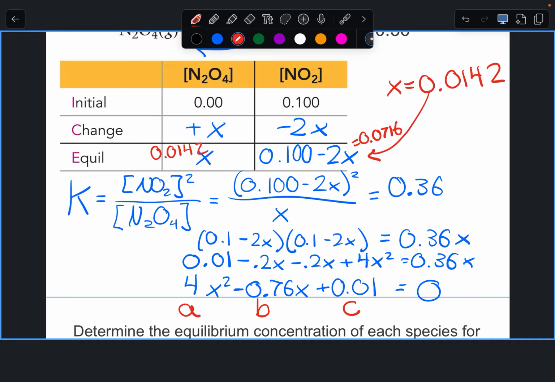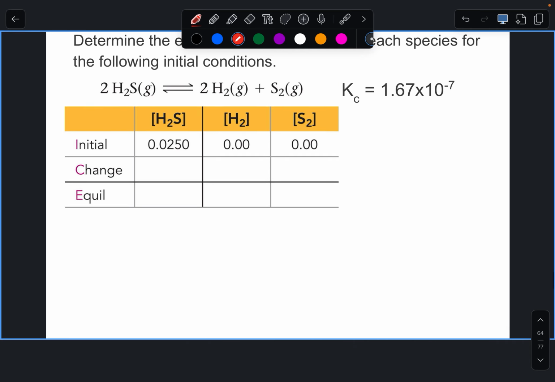Okay, on the next one, you will initially think that you have to do the quadratic formula, but I'm going to show you why you don't, and an approximation that you get to make when K is very, very small, like it is here.